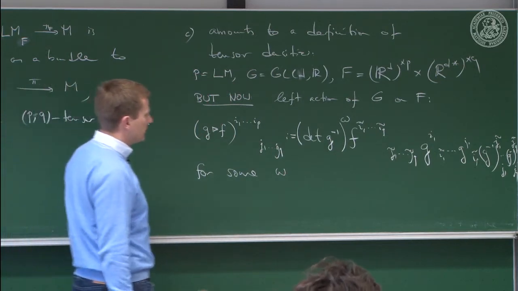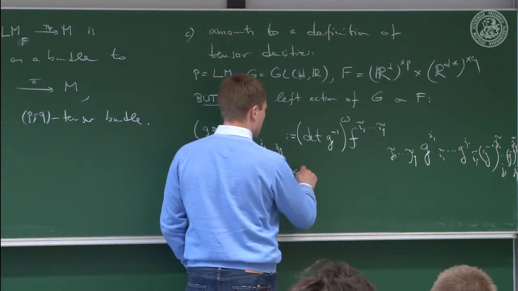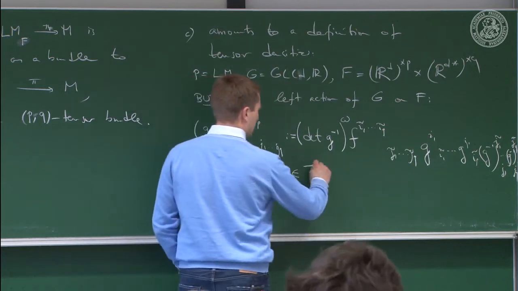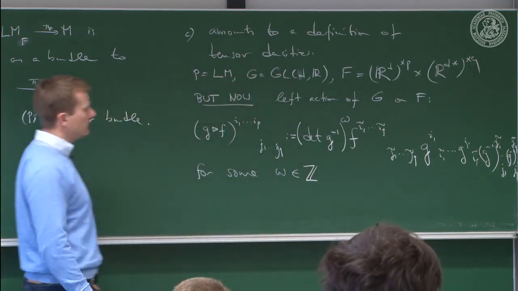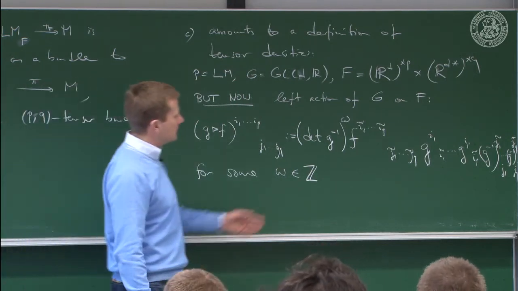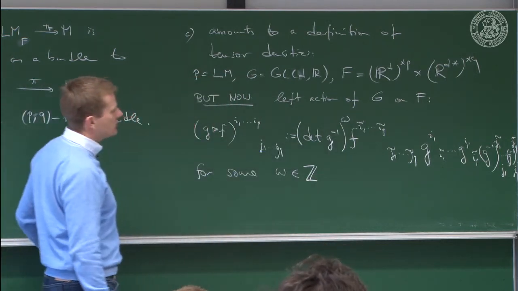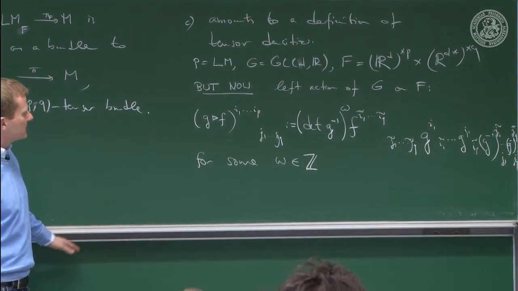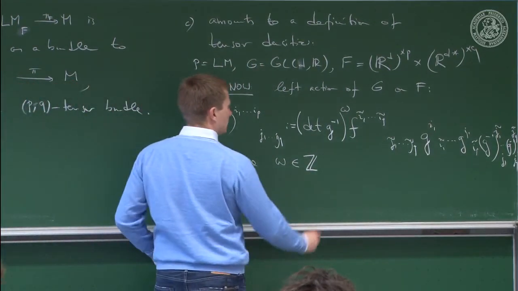And traditionally one would probably choose this to be an integer in Z, but some people now also consider arbitrary numbers at least in Q or in R here, but let's stick to this, for some omega in Z.